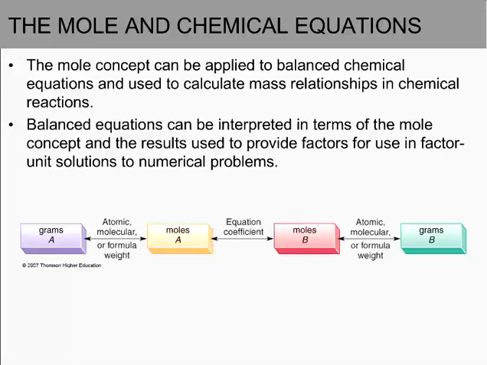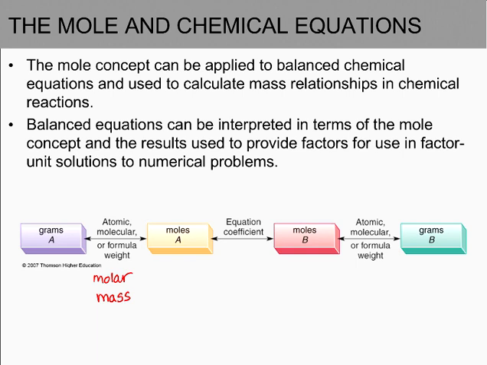So down below we have a flow chart for these types of problems. So for instance, if we start with grams of a substance, we can convert that to moles using the molar mass, also known as the atomic, molecular, or formula weight.